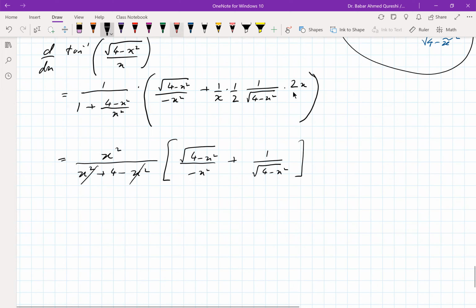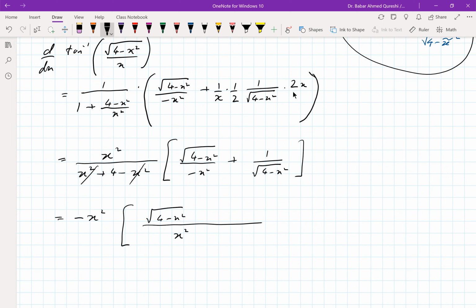And when I take, let me bring this minus outside. And I take this. So I get 4 minus x square when I combine these fractions. And I had taken a minus out, so I have a minus here, x square. It should have been, one second.